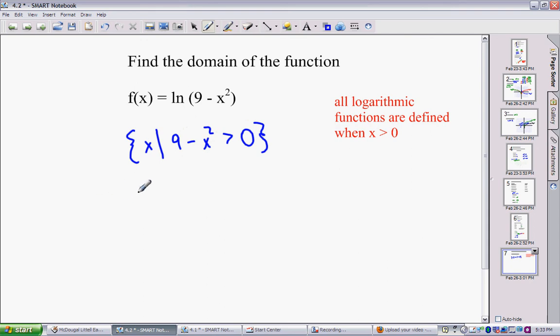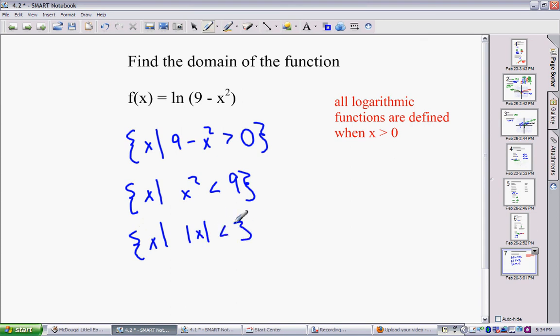So we are going to change this around to get x squared alone. So it's defined when x squared is less than 9. Therefore, it's defined when the absolute value of x is less than 3.